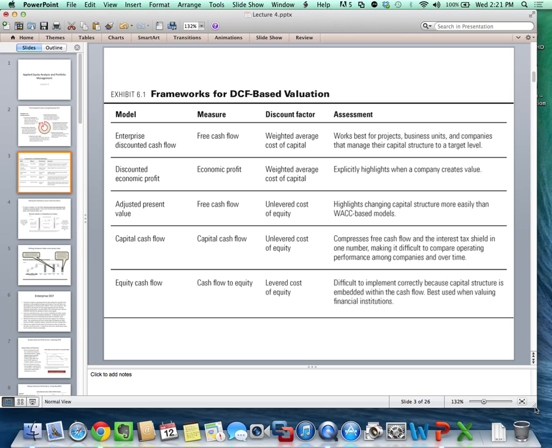So the idea would be that if I'm valuing a business, regardless of how much debt it has, it shouldn't really change the value of the operations of the business. I want to look at the value of the business regardless of its debt, because I can have two companies that have identical performance. One has debt, the other doesn't. The one with debt is going to look worse than the one that doesn't have debt on a financial statement.